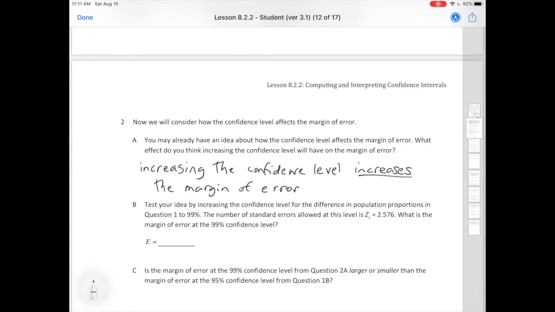So test your idea by increasing the confidence level for the difference in population proportions in question 1 to 99%. Okay, so we want more confidence now. So the number of standard errors allowed at this level is the critical z-score of 2.576. Remember, this is from our table. What is the margin of error at the 99% confidence level? So remember, we need to take the critical z-score and multiply it by the standard error.